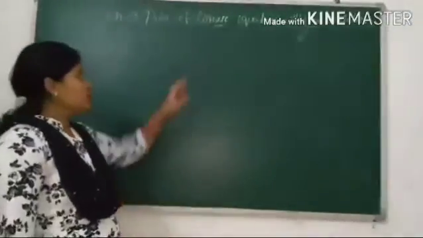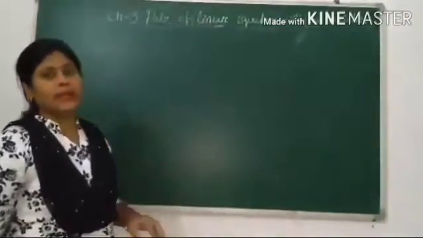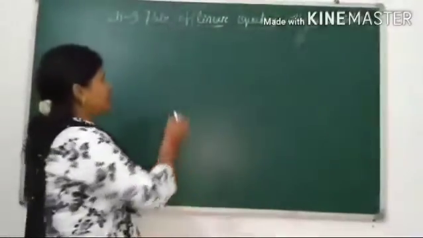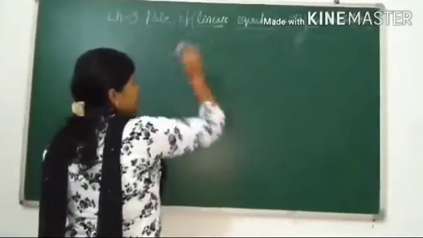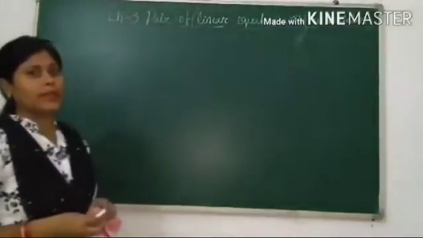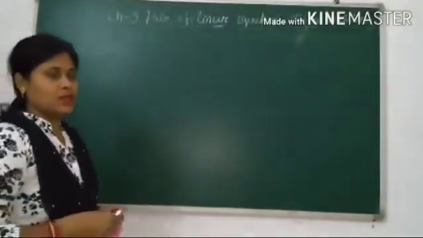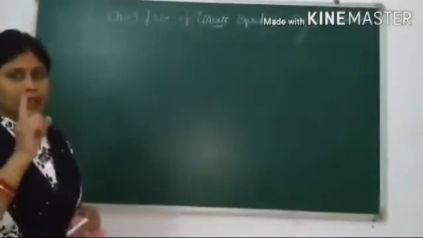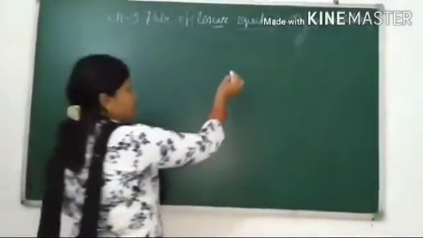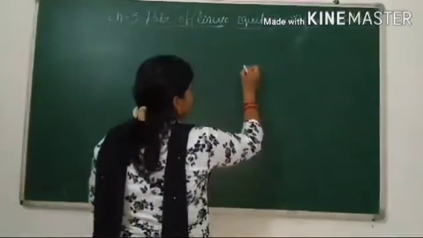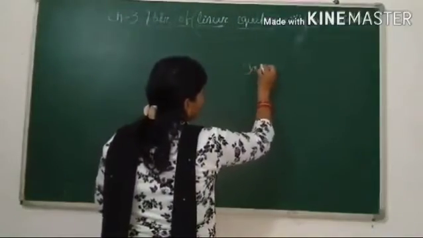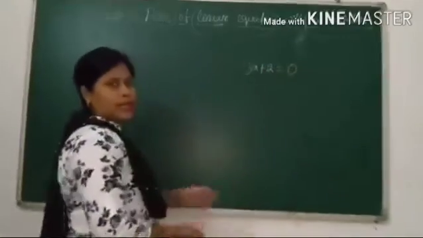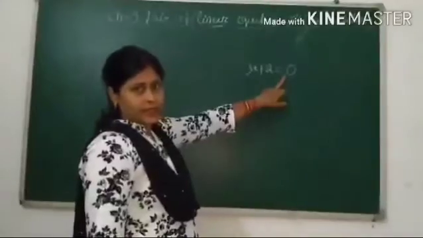First of all, you should know what you mean by linear equation. In 9th standard you have already studied linear equations. So tell me, what do you mean by linear equations? A linear equation is an equation having degree 1. If I write 3x plus 2 is equal to 0, is it a linear equation?